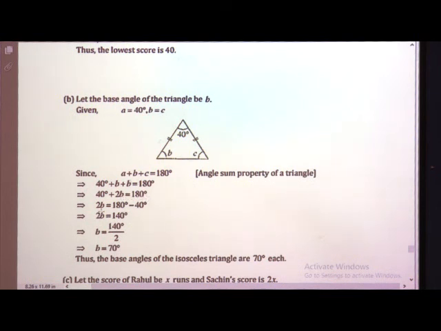B is the variable we have to find. So, 2B is equal to 180 minus 40. So, 2B is equal to 140 and B is equal to 140 upon 2. So, B is equal to 70 degrees. Thus, the base angles of the isosceles triangle are 70 degrees.